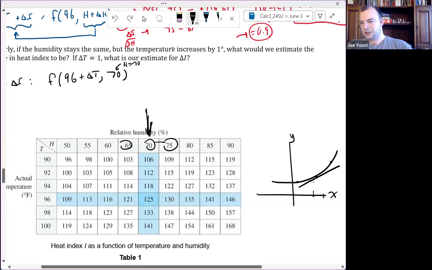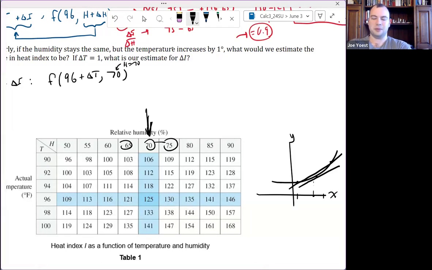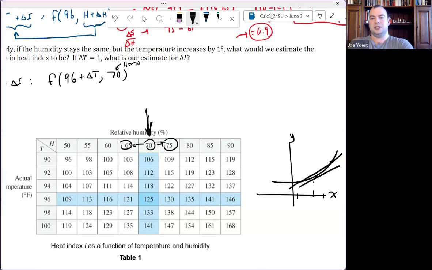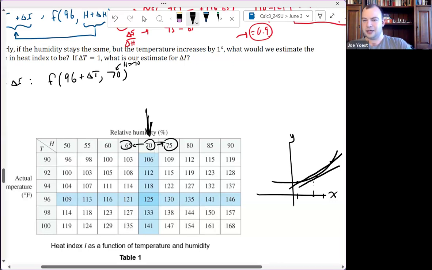But if I use a secant, if I go a little bit to either side, I get a better approximation. This is actually a provably better approximation. It's a second order rather than first order approximation. So that's the reason why I went a little bit down and a little bit up to make my approximation. Could you have done it just going 70 to 75? Sure. Or 65 to 70? Sure. Once we get into estimating things, there's lots of ways to skin that cat.